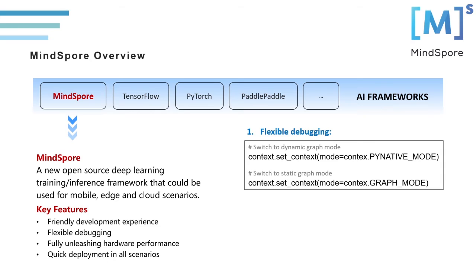For example, if a user wants to debug their model, they can set the context to the native mode, and after the debug work, they can change back to graph mode, so as to accelerate the model execution.